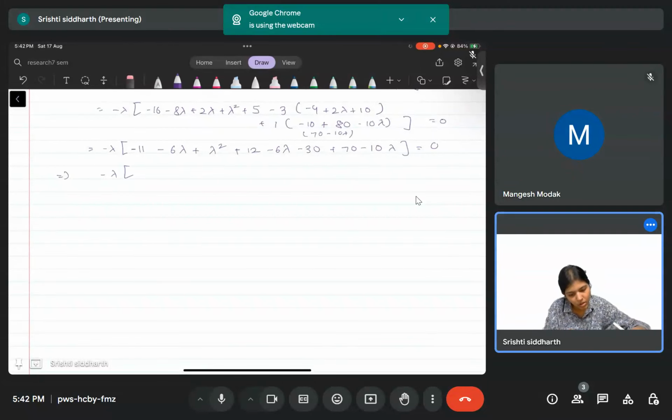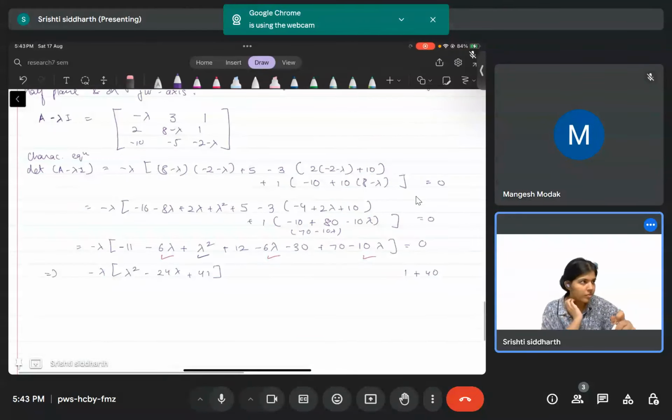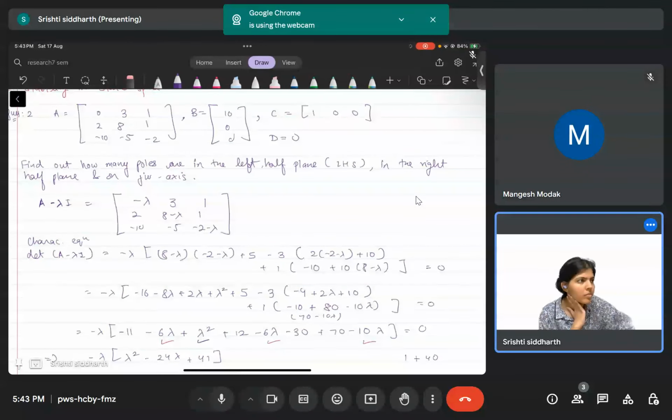So minus lambda, then we have lambda squared.